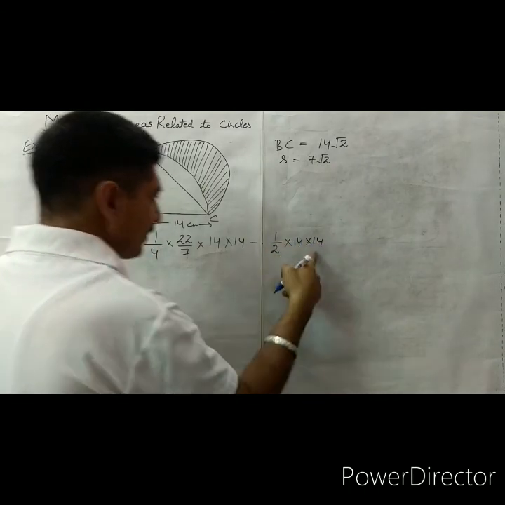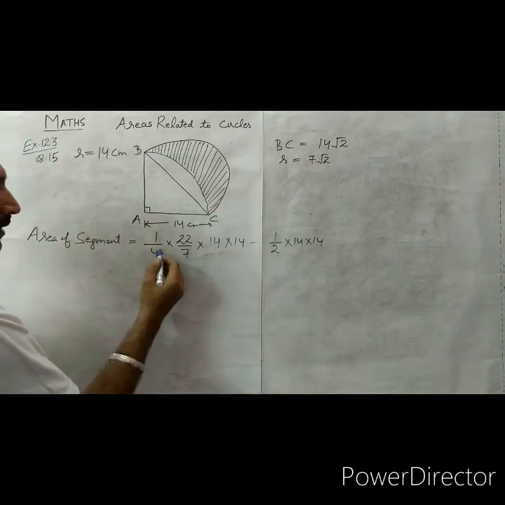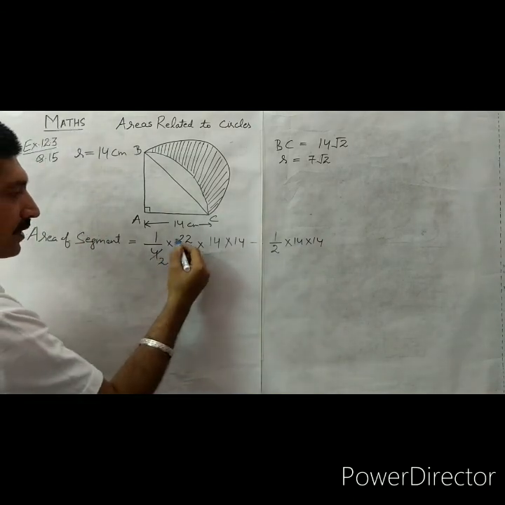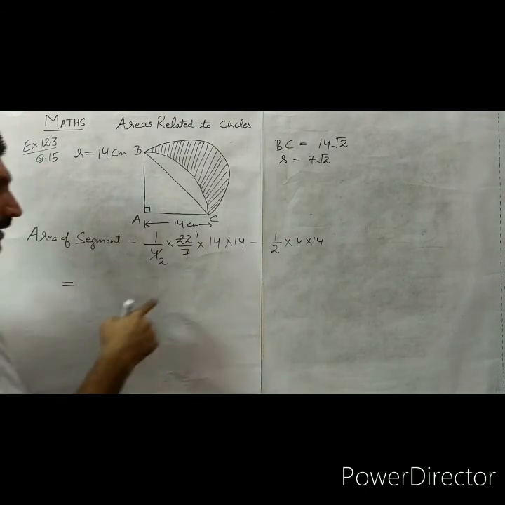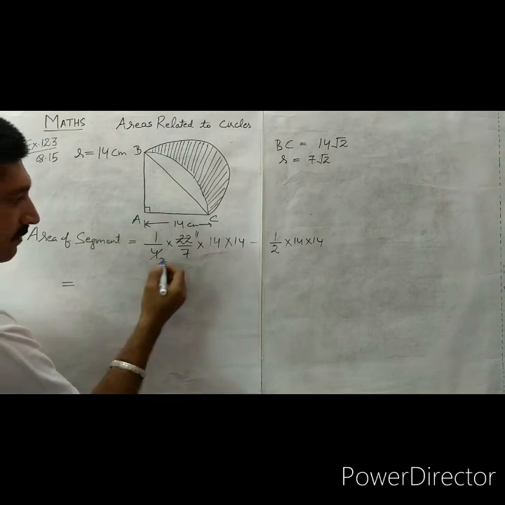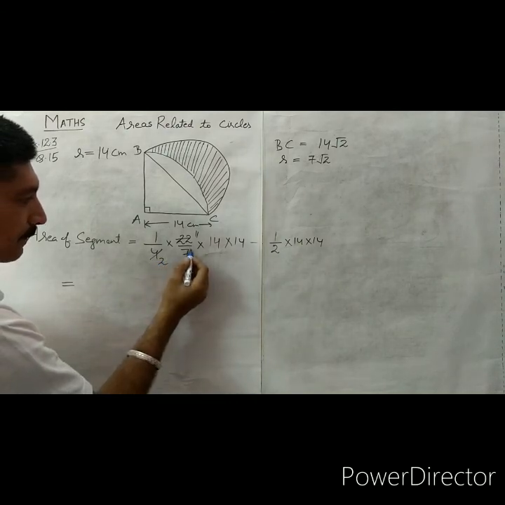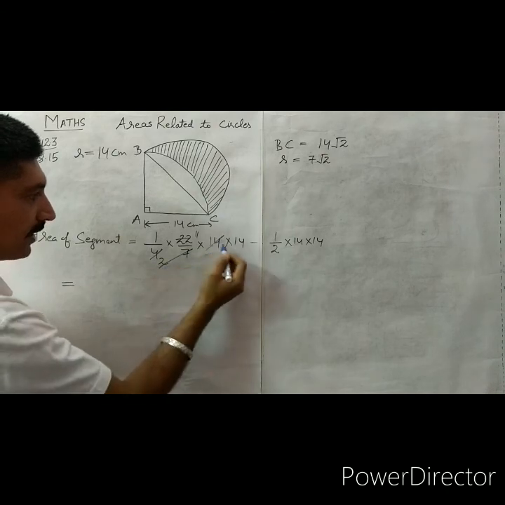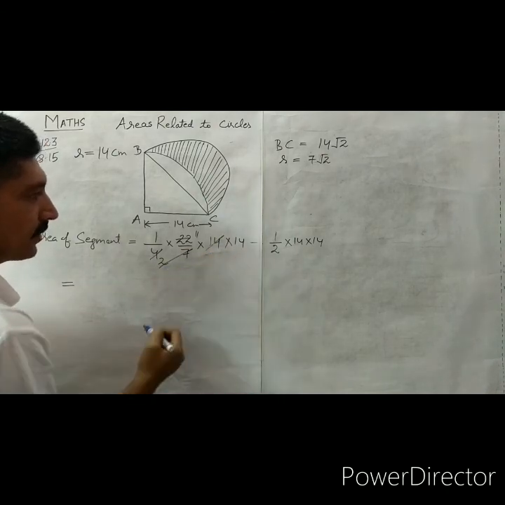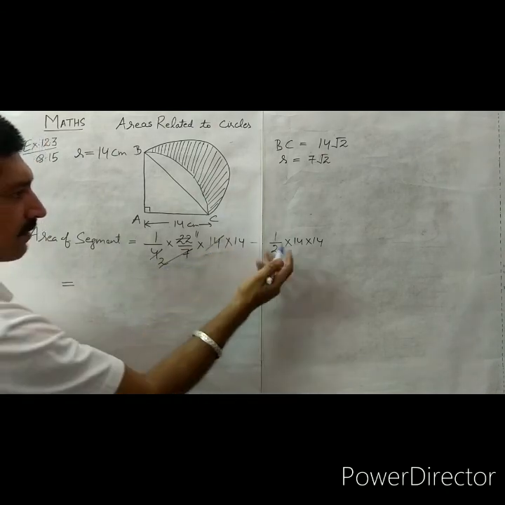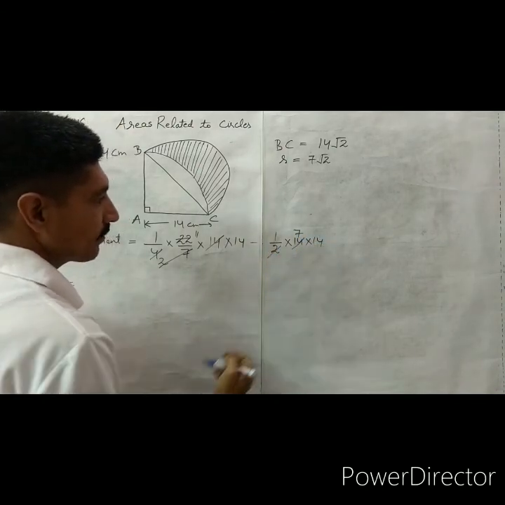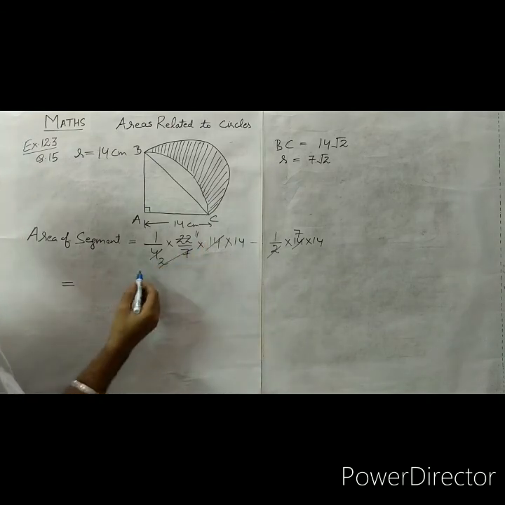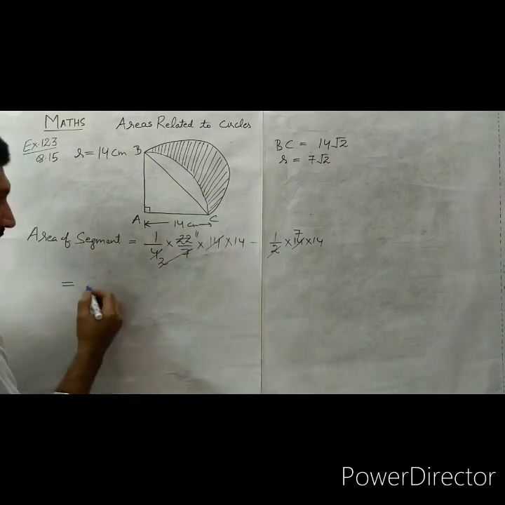So here we can take 14 into 14 common. Here it is 2, 11. So area of the segment is equal to, here we have again, this is 14 with 14. So here 14 into 11. If we don't want to take common, it is here 7, and we have 14 and 14.